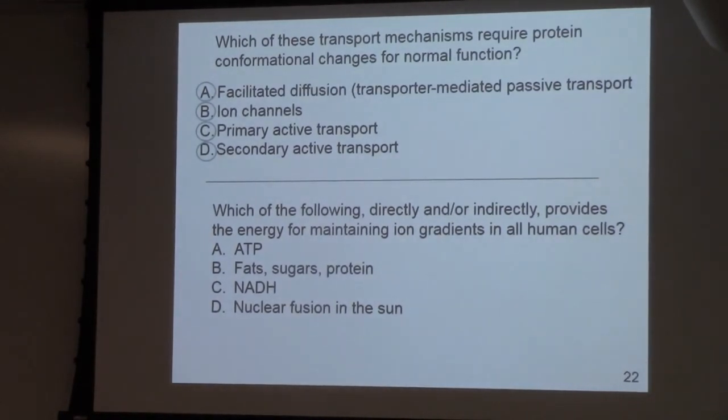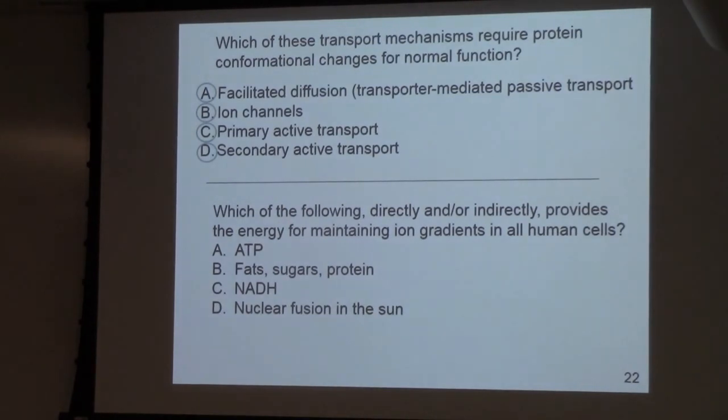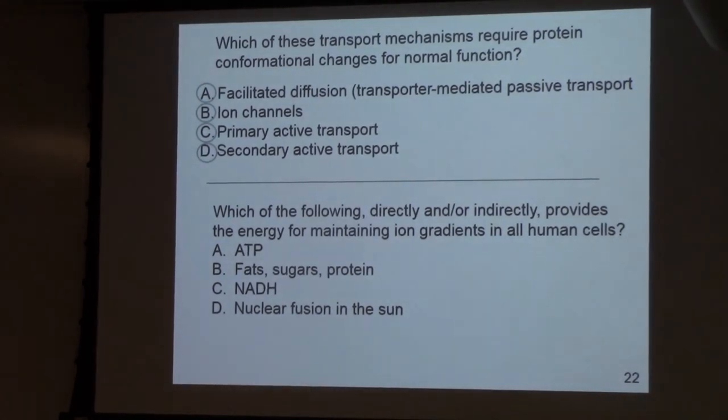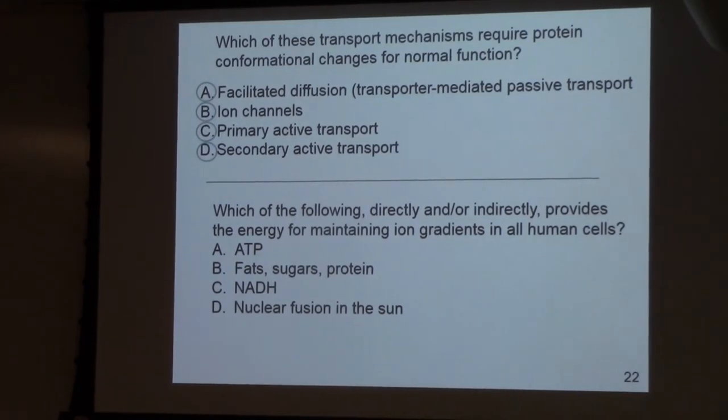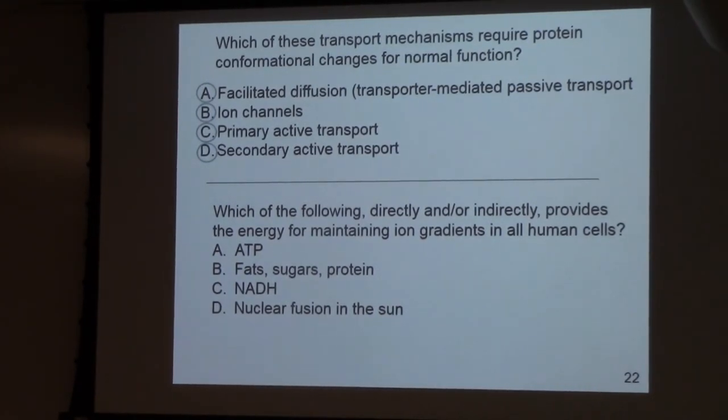Okay, which of the following, directly or indirectly, provides energy for making or maintaining these gradients? This one's trickier. I'm glad I didn't screw this one up. Let's go through it. Is A true?